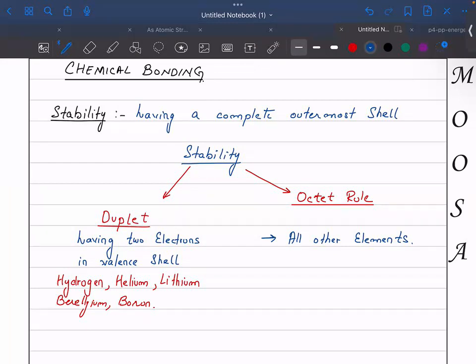No, he won't ask you the definition of duplet rule or octet rule. Don't worry about it. It's just for your understanding.